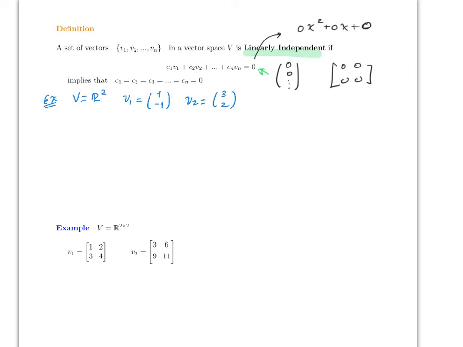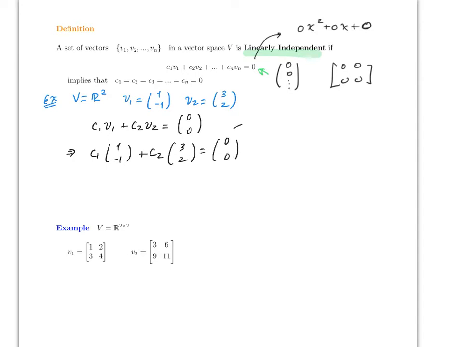Well, you do a linear combination and you want to solve this equal to (0, 0). The process is very similar to what we just did with the spanning sets. So we have C1 times (1, -1) plus C2 times (3, 2), and you want to solve this equal to 0.